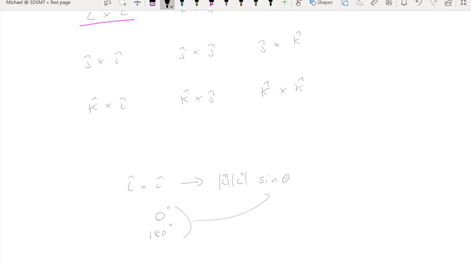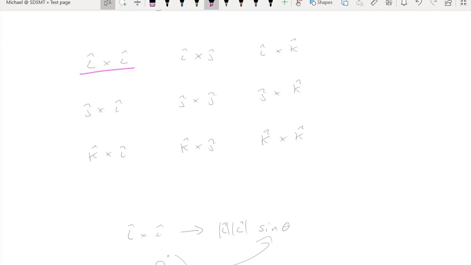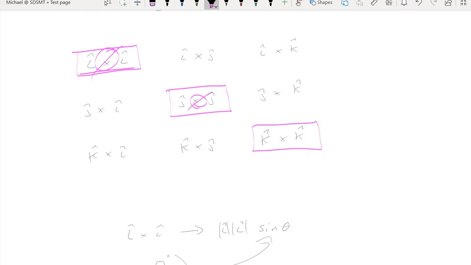Either case is going to result in a 0 for the cross product. So this combination right here is a 0. It does not give us anything. Likewise, we should expect the same thing from the j cross j and the k cross k. The only possible angles that we get out of those combinations are 0 and 180. Both of those are going to evaluate to 0 once we plug them into that sine relationship. So all those are zeros.